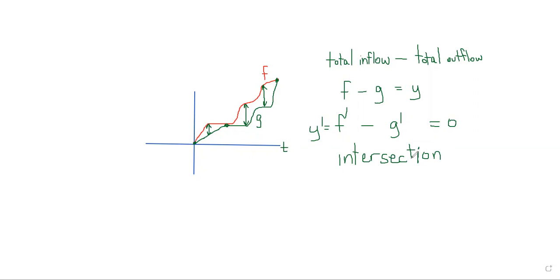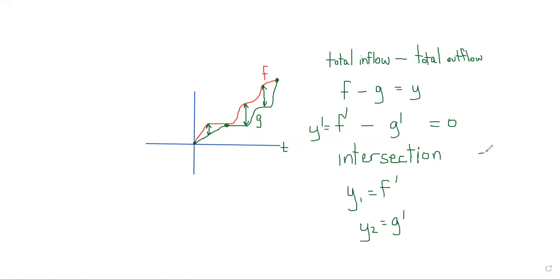You're going to have 2 functions in your y editor. Y1 could be the f prime, and y2 would be the g prime. And then you can find the intersection of those 2 functions. Okay. You would need to guess a certain x coordinate, and then it will find the closest intersection.